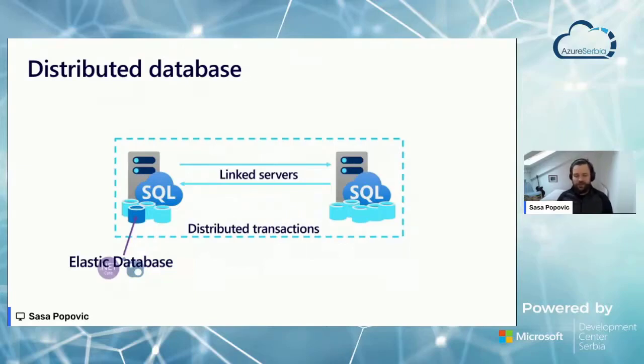Distributed transactions will allow us to query or modify the data in a transactionally consistent fashion. So with all these things in place, we will have a system that has all the characteristics of a database, and the data will be distributed on multiple instances.